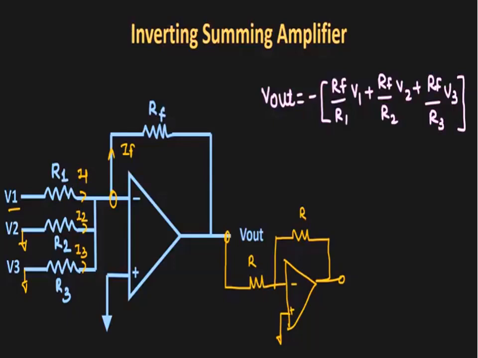A voltage follower means the input I give, the same output I get. I am giving it to the non-inverting terminal. Minus into minus becomes plus. So I can get the output as Vout equal to, eliminating this minus, RF by R1 V1 plus RF by R2 V2 plus RF by R3 V3.